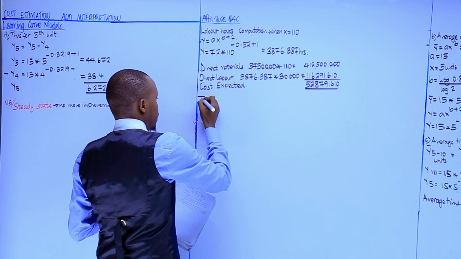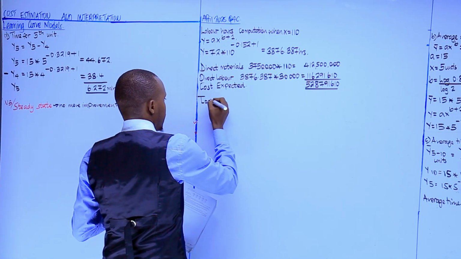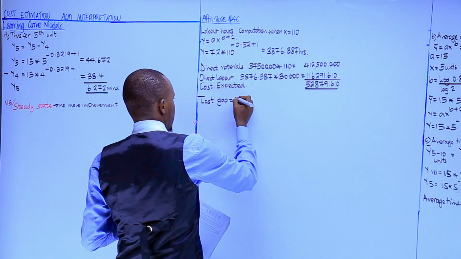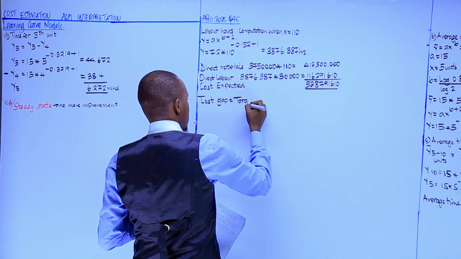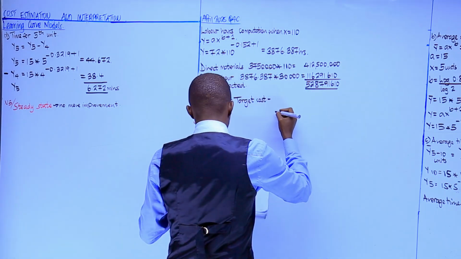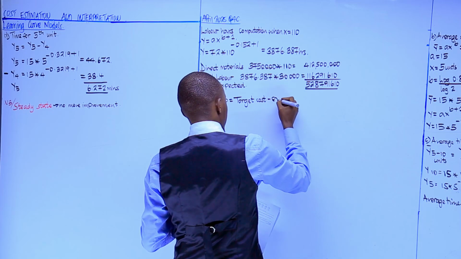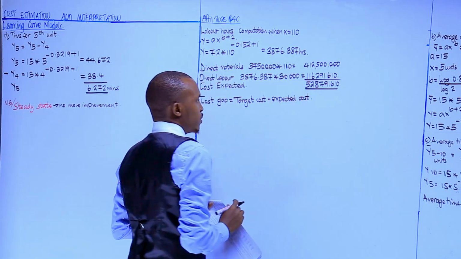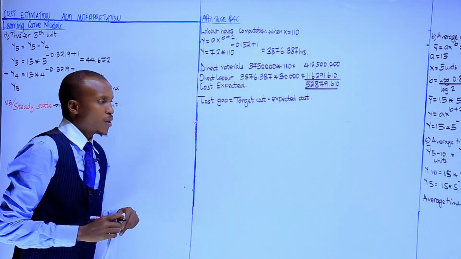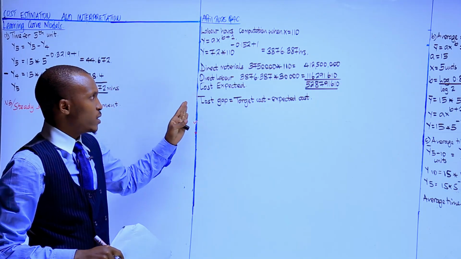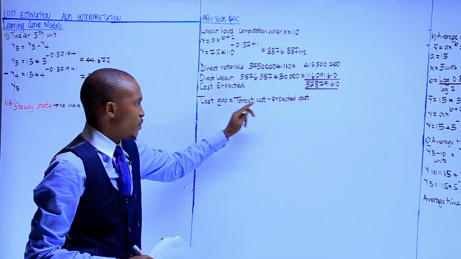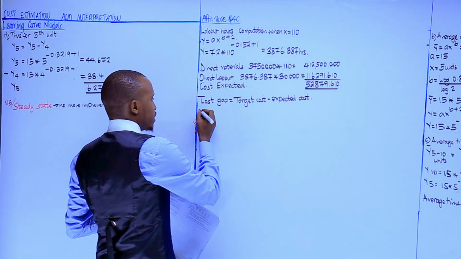To determine our cost gap, there is a difference between your target costs and your expected costs. When you produce 110 vehicles, your expected cost is there, but we need to determine our target costs.